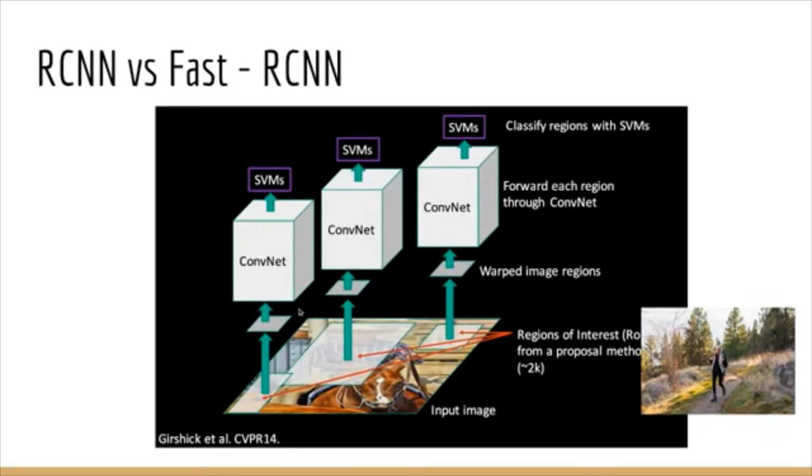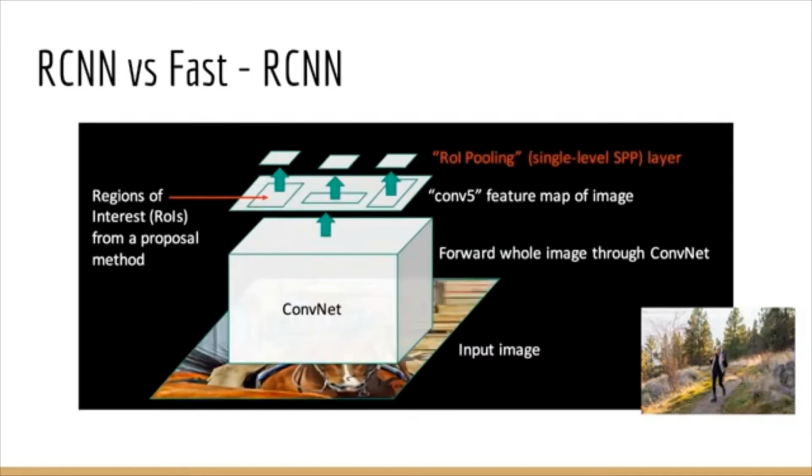This is an extremely computationally intensive process, and people tended to not use it. It was not usable in real time, even with a huge amount of computational ability. And then came fast RCNN.